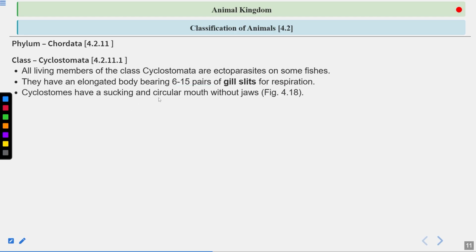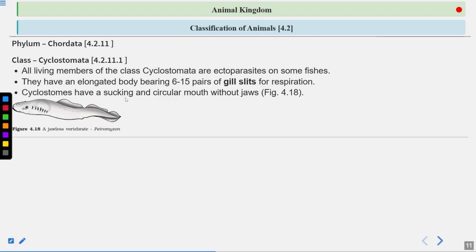Cyclostomes have a sucking and circular mouth without jaws. Without jaws. They do not have any jaws, but they have a circular mouth, and this circular mouth is adapted to the sucking type. Like they could suck the food, right? So here you can see they have appendages, but these appendages are not in paired form.